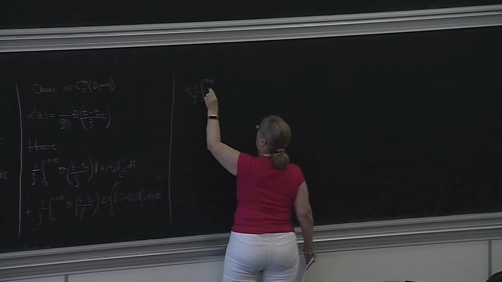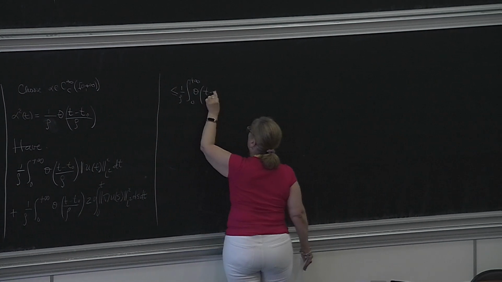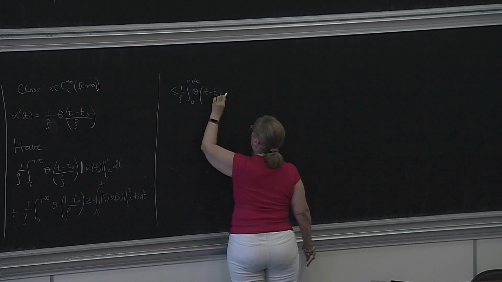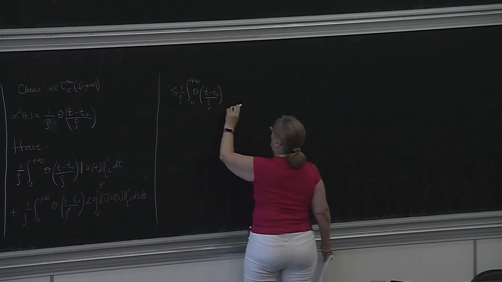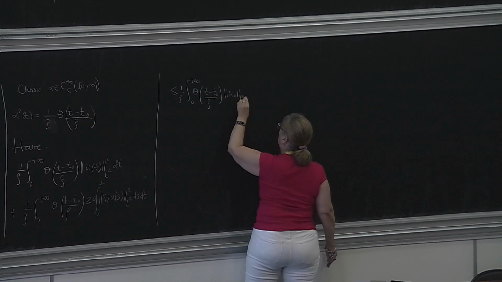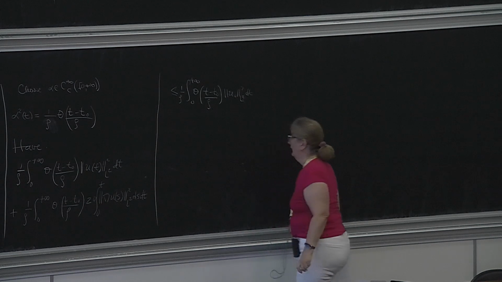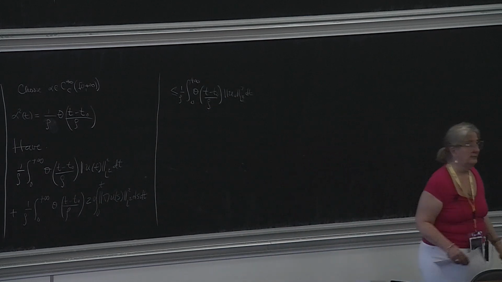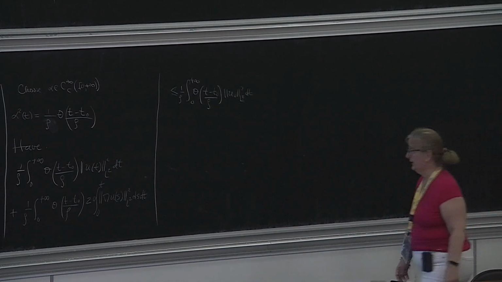1 over rho theta of (t minus t naught) over rho times the L2 norm squared of u naught dt. Now we send rho to 0.